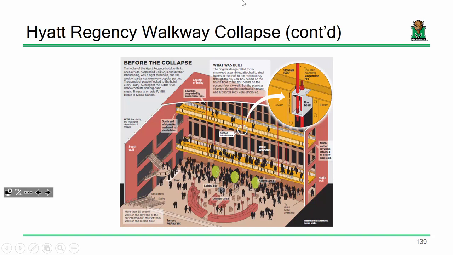There's lots of stuff going on. What tended to happen in this hotel on the weekends were these tea party, cocktail hour, dancing shindigs. And the lobby and the area was pretty packed. Like I said, this happened on Friday night, so it was a pretty packed house.